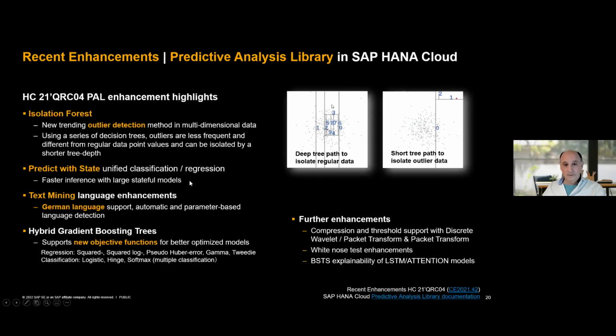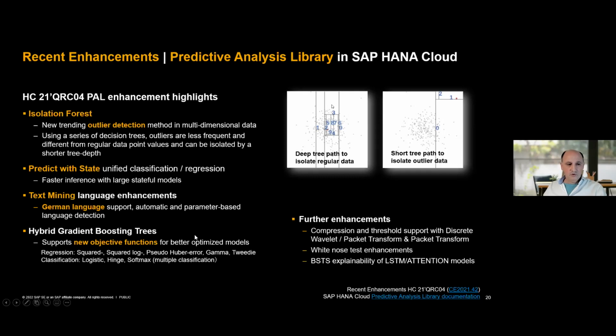Then for the unified classification and regression, we now support predict with state for faster inference with large models. They are then kept as pre-parsed, and single transactions can then apply those models in milliseconds. Our text processing and text mining functions in HANA Cloud, introduced in the 21 Q1 release, now also support German as an additional language.